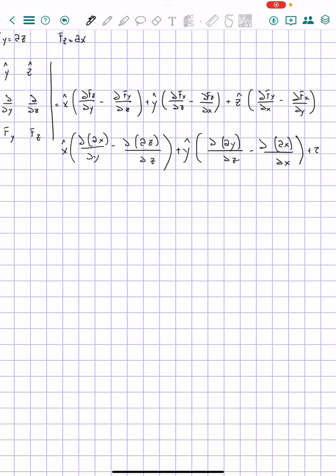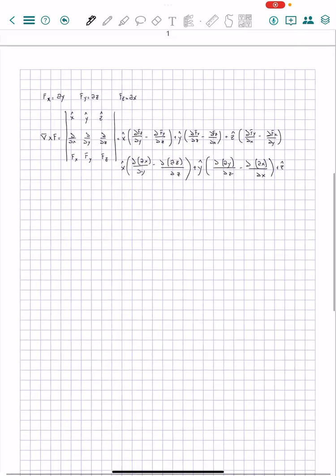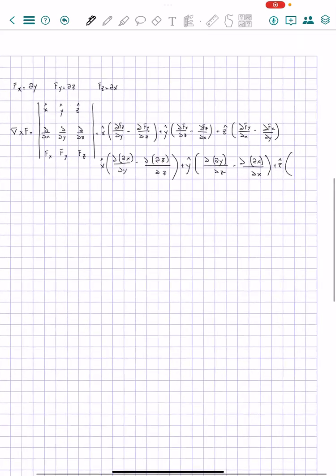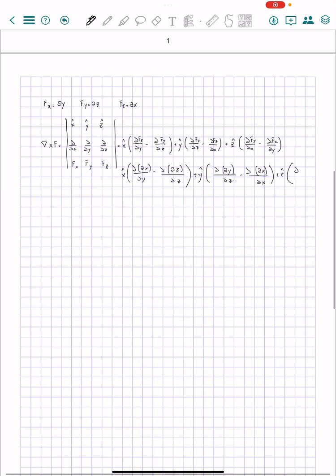Plus z hat, which is then going to be equal to the d of f of y, which is az over dx minus d of f of x, which is ay over dy.